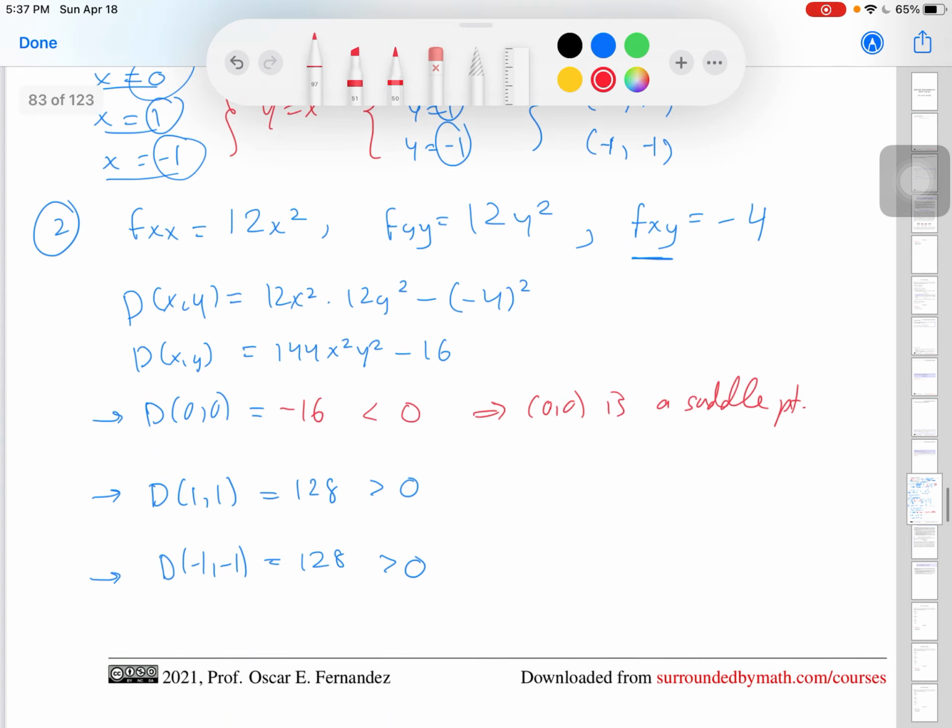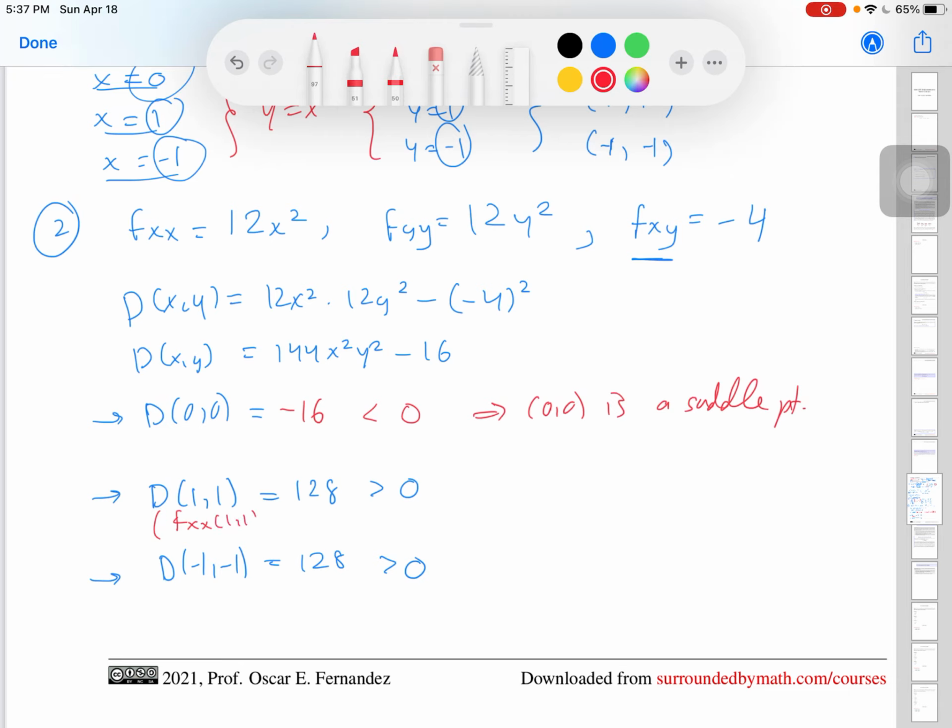So I'm going to go back down here, and for this one check fxx at (1, 1). If I substitute x equals 1, I get 12, so that is positive. And then over here, if I substitute in x equals negative 1, I also get 12, which is also positive. So I now know that D is positive and fxx is positive.